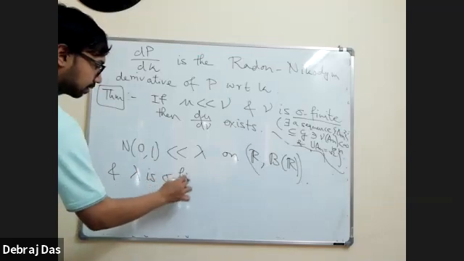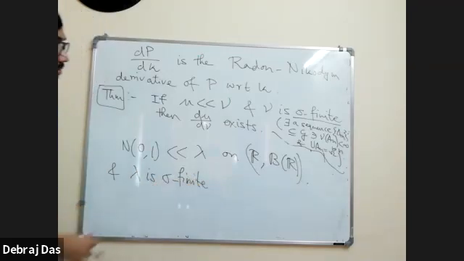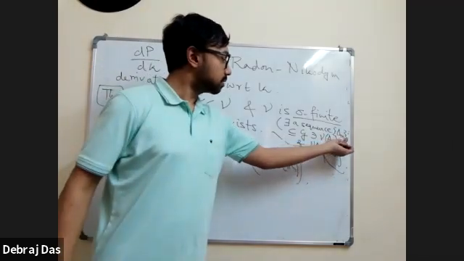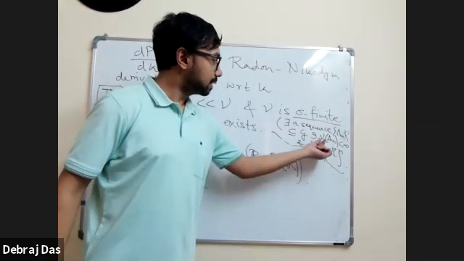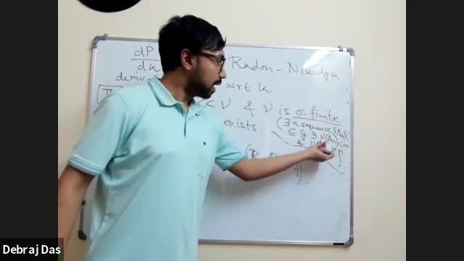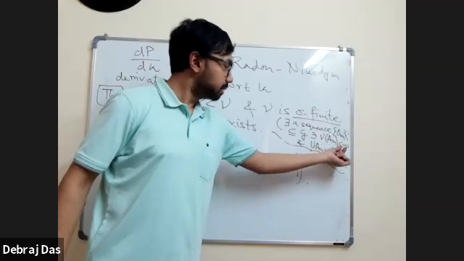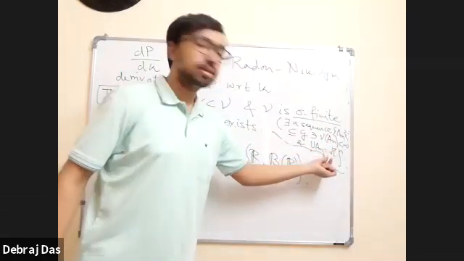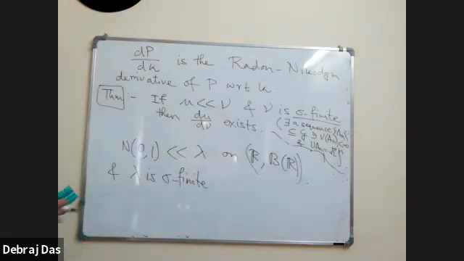Why? What is the definition of sigma finiteness? You need to find a sequence of sets such that the individual sets have finite measure, and the union of those sets is simply the whole space.